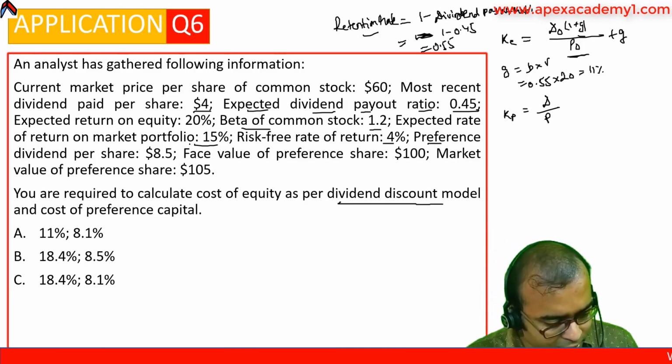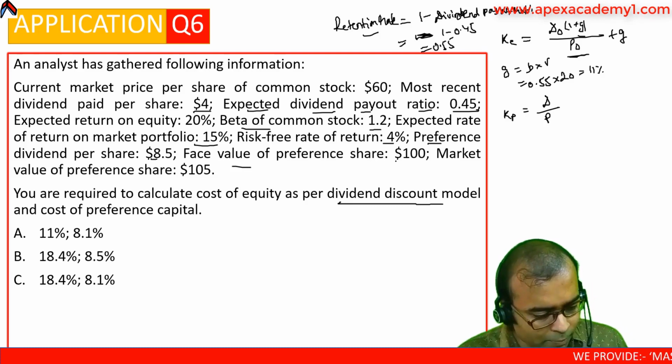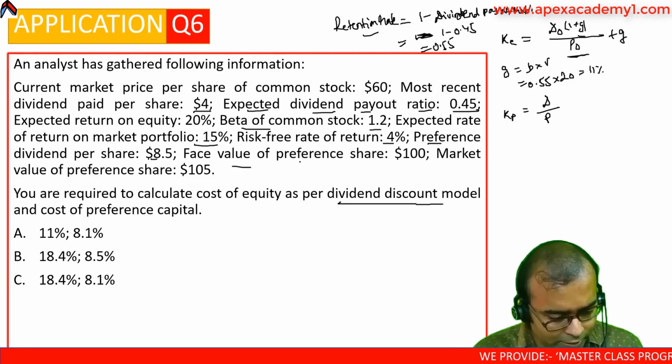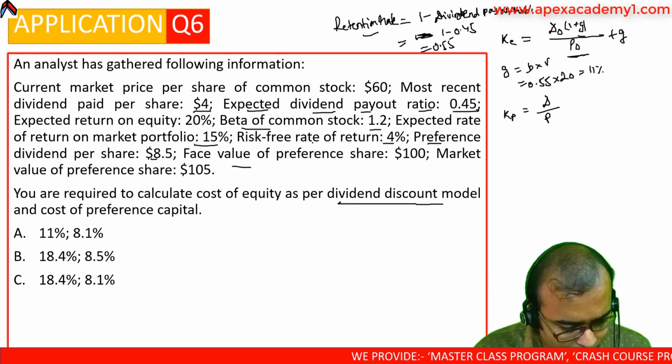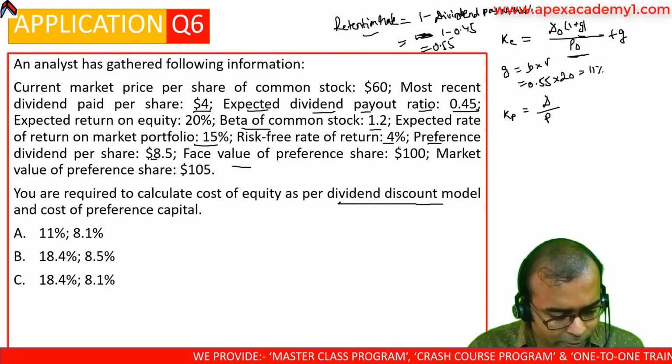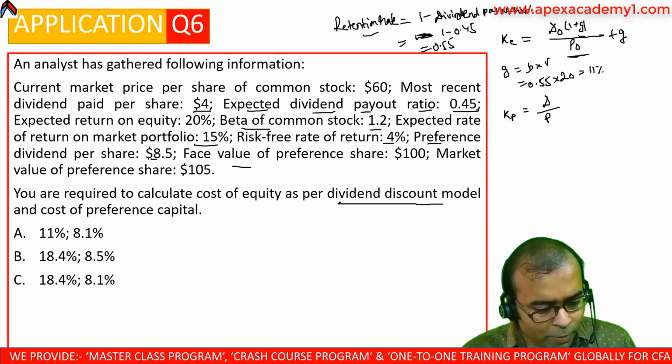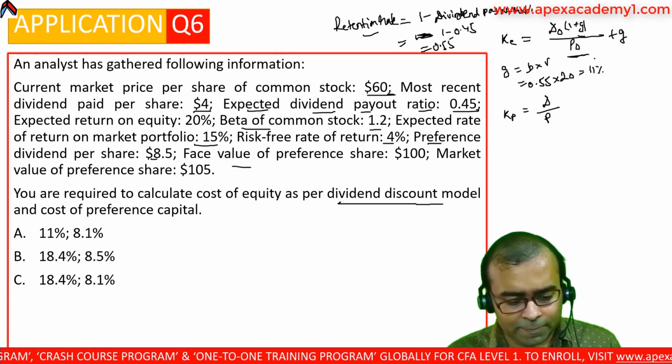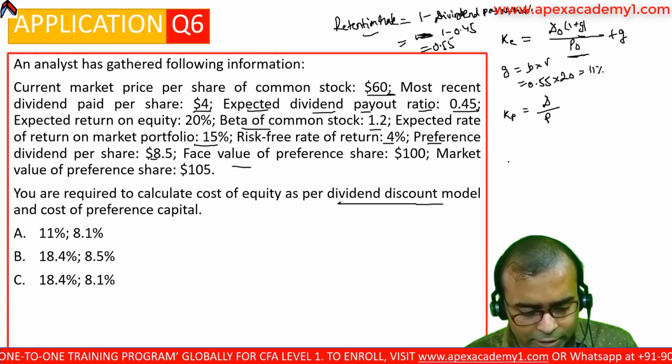Then preference dividend, face value of shares and market value of preference shares. Price of common stock is already given as 60. So now you have each and everything to calculate KE.